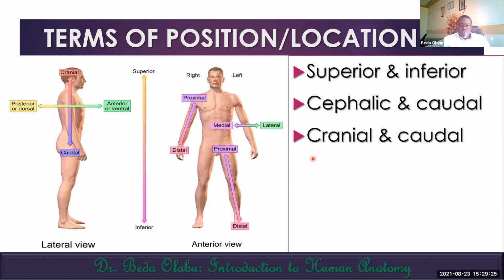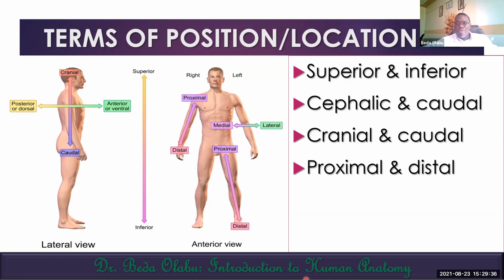In the limbs, something very close to superior and inferior would now be these terms proximal, and the opposite is distal. What does proximal mean, and what does distal mean? The terms proximal and distal are used to describe how close some parts of the limbs are to the trunk compared to others.